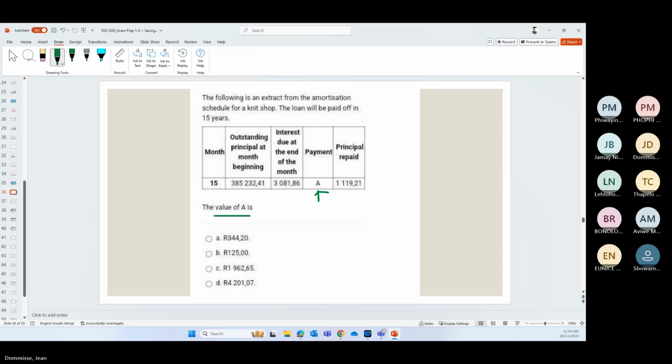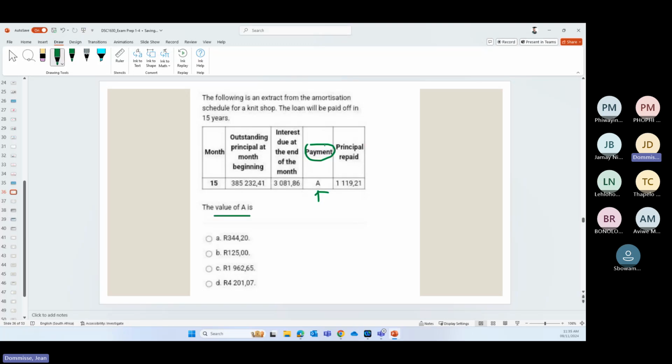Okay, so if you look at a question like this, what we normally would do is use the interest rate, get the upfront number, get the terms. Nothing like that is in this question that we will be able to work out that payment. So now we need to go back to our amortization and remember what this payment part is all about.